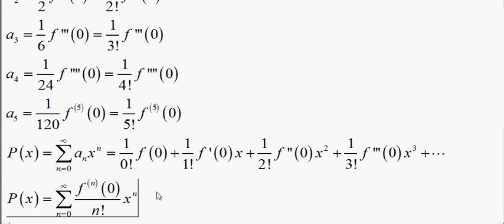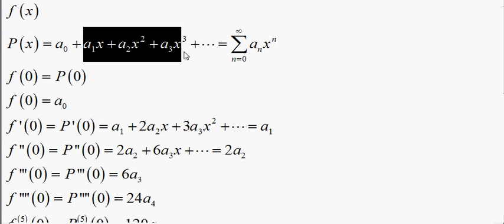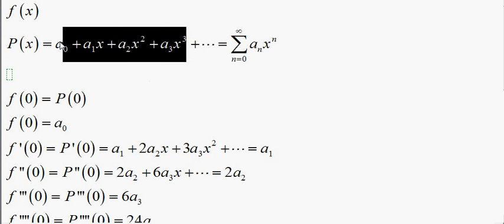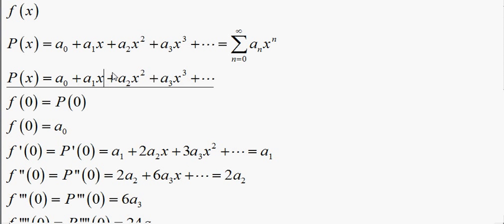Now, remember before I said that you can center it wherever you want. Basically that amounts to just shifting this polynomial, so that when you evaluate it at that point, all the terms go to 0, just as they did with x equals 0 before.